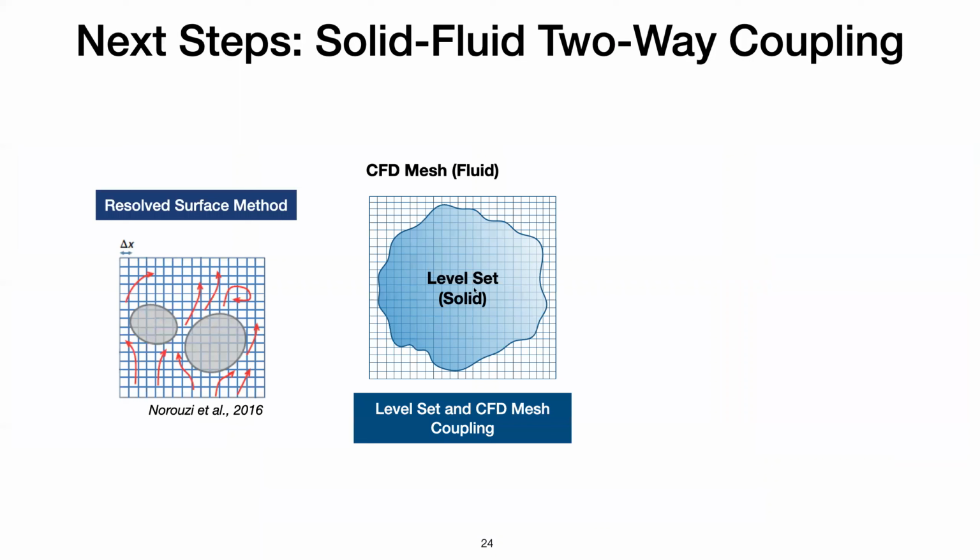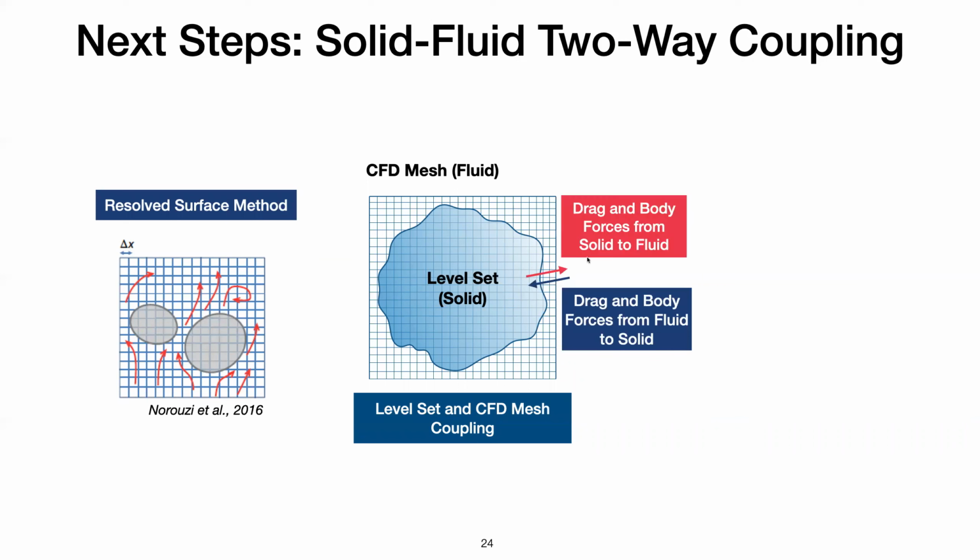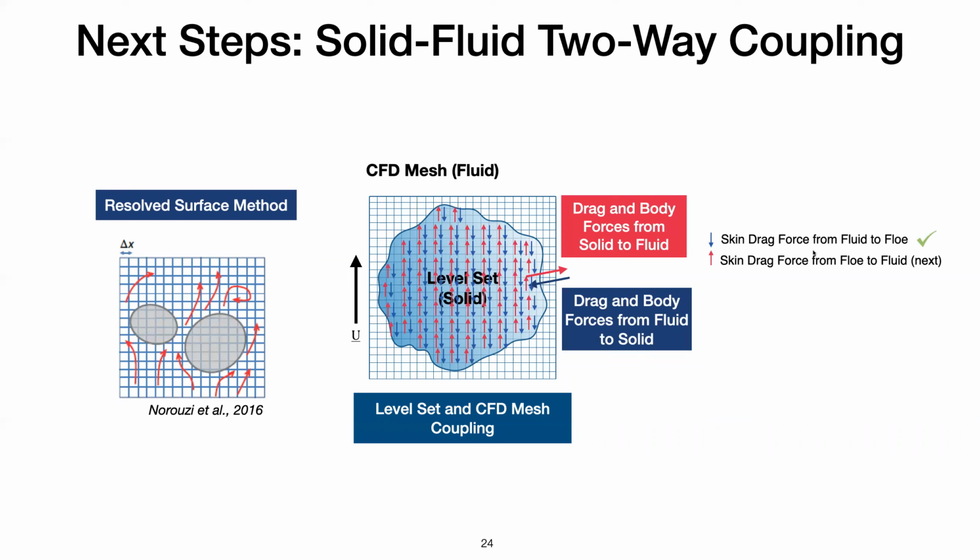And we will have to combine a CFD mesh with our level set points. And rather than only having this direction for the effects, we will have to go in the other direction. And that is something that we are currently implementing too. We already have the skin drag force from fluid to floe, but we need to do the other direction of the effects. And the same will be for the form drag forces.